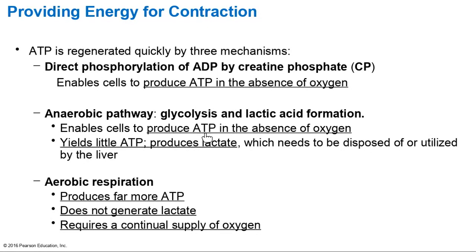So you'll be producing ATP because there's a demand, but you don't have oxygen. Now, what this will lead to is the formation of something known as lactic acid. And we'll detail this out in a picture. Now, you get just a little bit of ATP with this.